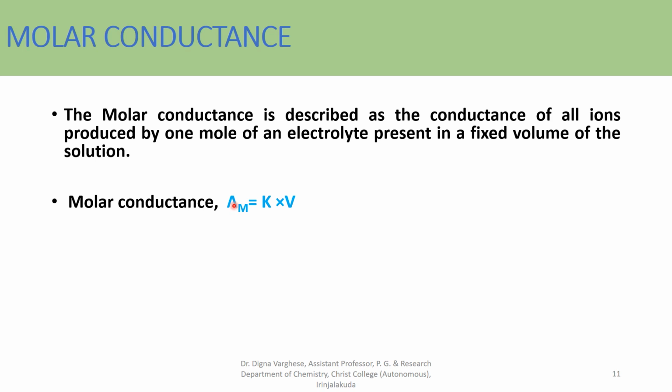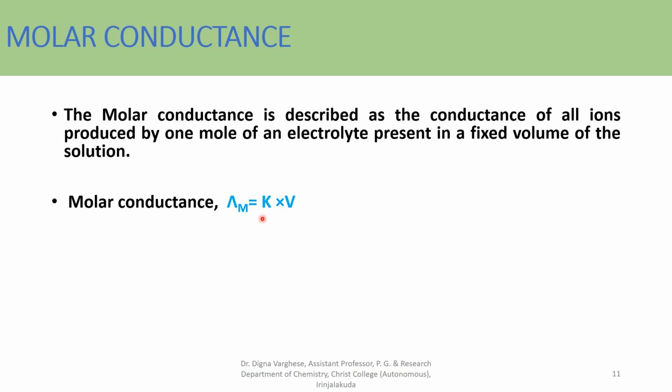If V is the volume of the solution containing 1 gram mole of the electrolyte, then lambda m is equal to K into V, where K is the specific conductance of the solution.